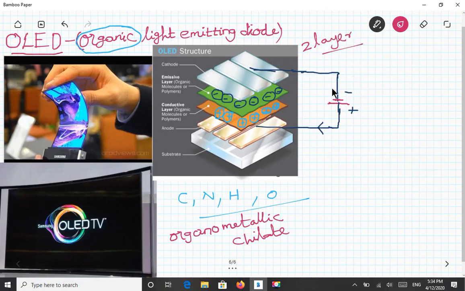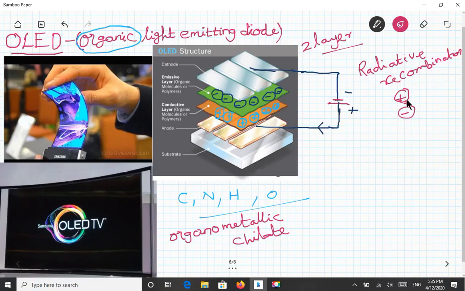So here also it is the same principle, which is radiative recombination, where the hole and electron get combined to produce a photon. If you see the LED video, you will understand what is meant by radiative recombination.